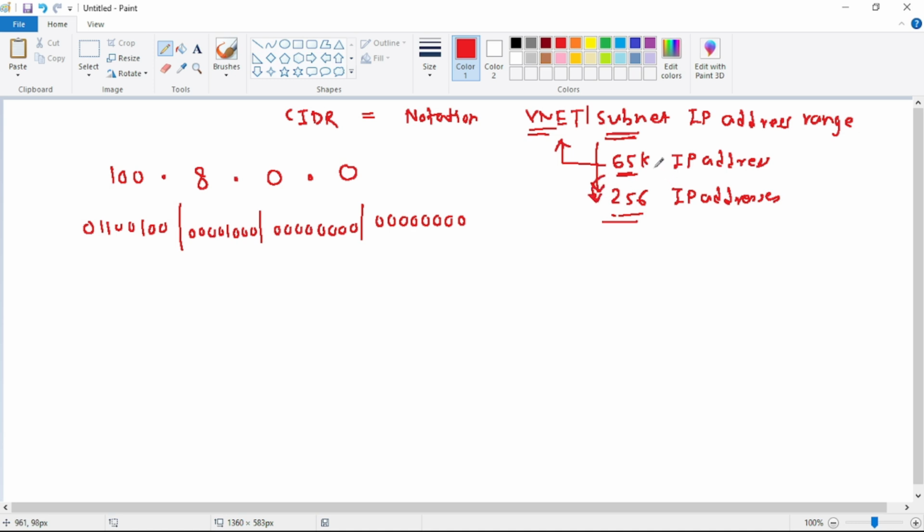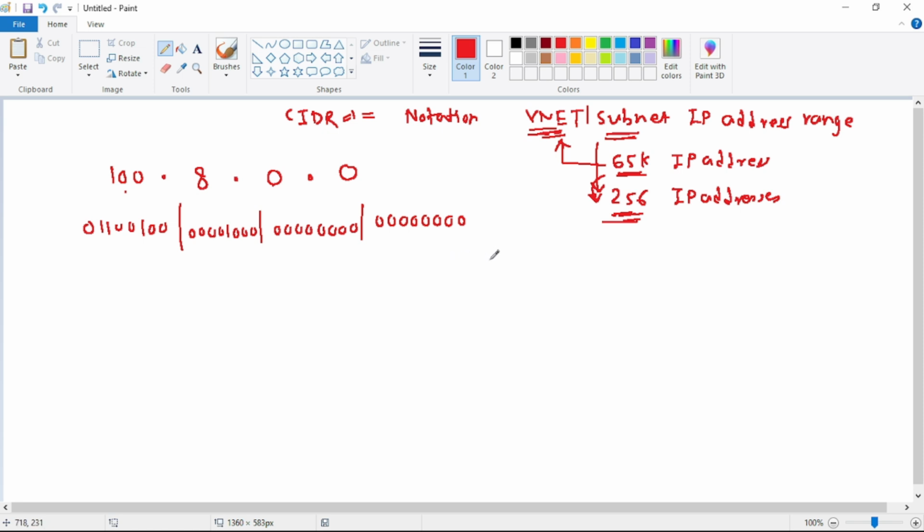Okay, but then the question is how we can tell Azure that for this VNET we want to use 65k IP addresses and for this subnet we want to use 256 IP addresses, and for that we have this CIDR notation. So again guys, if you see here we have this IP address, that is 100.8.0.0, and if we convert it into bits, it is something like this.